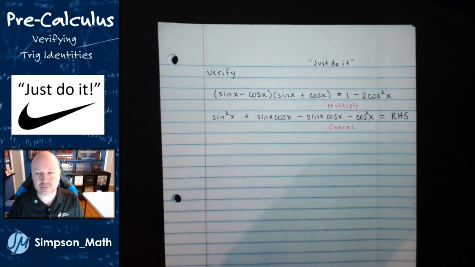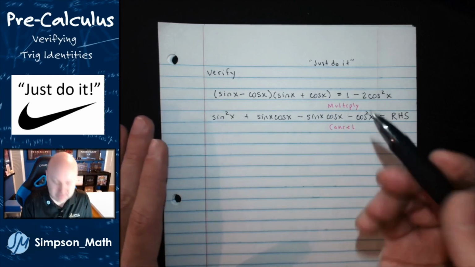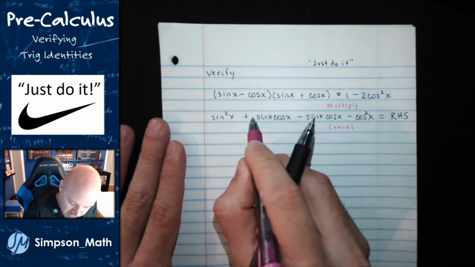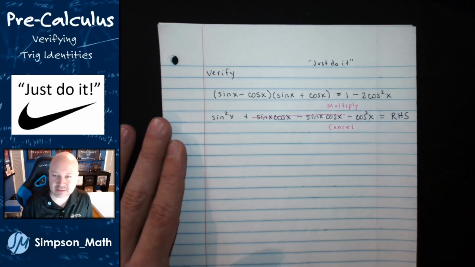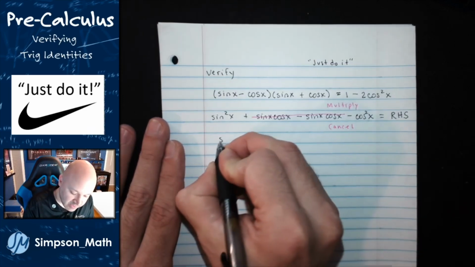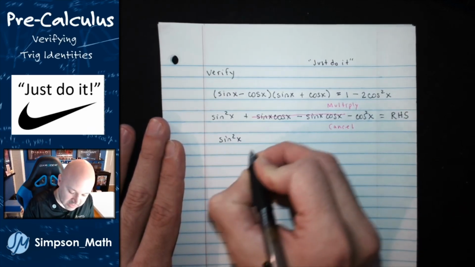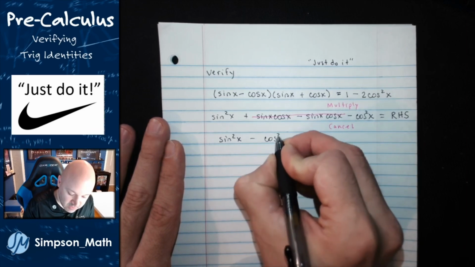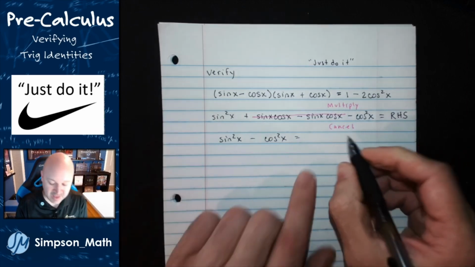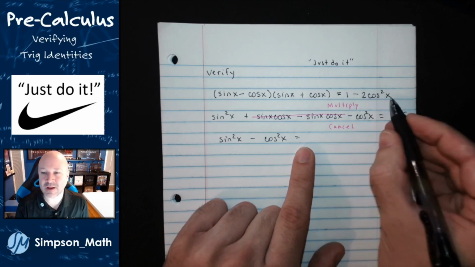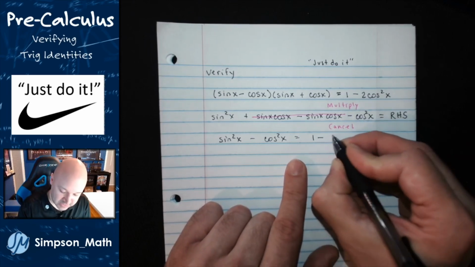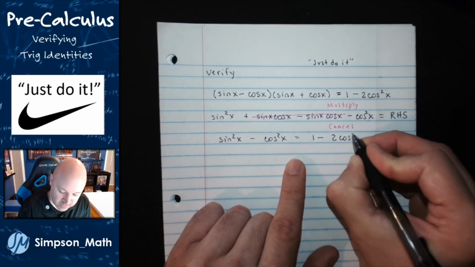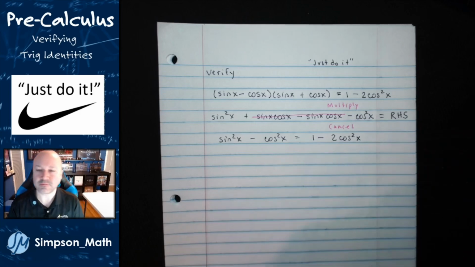You could say add like terms. You could say add. You could say subtract. All of those make sense. Basically, these cancel each other out, leaving me with sine squared x minus cosine squared x equaling, I have the room this time, so I'm going to go ahead and copy down 1 minus 2 cosine squared x.